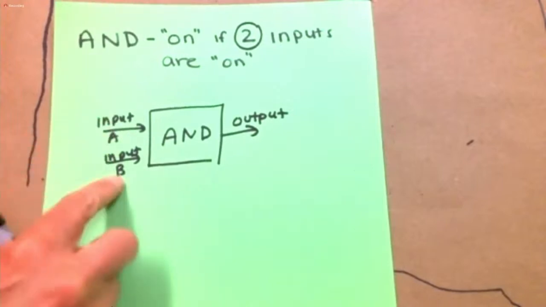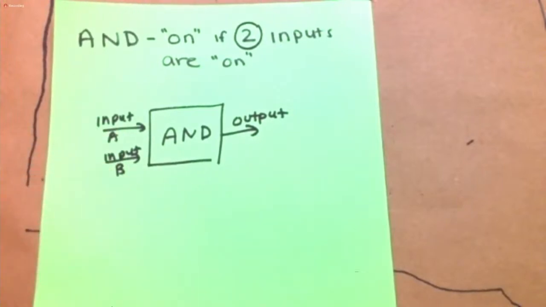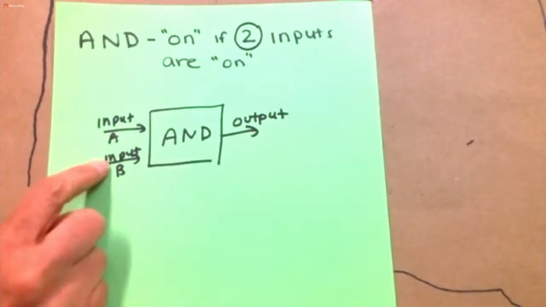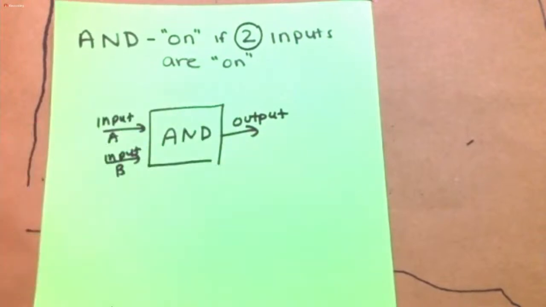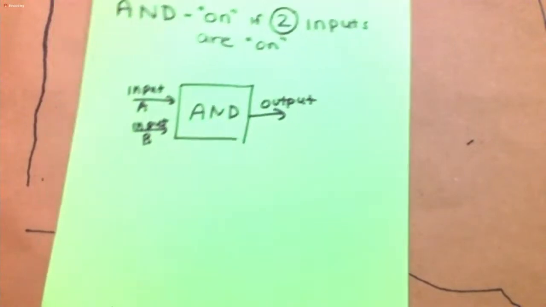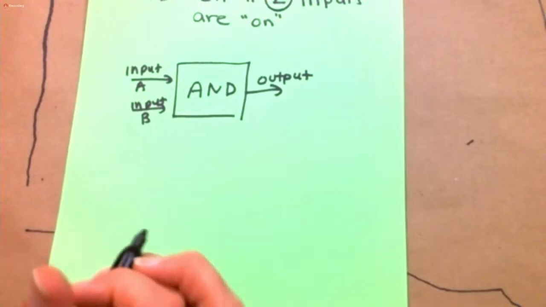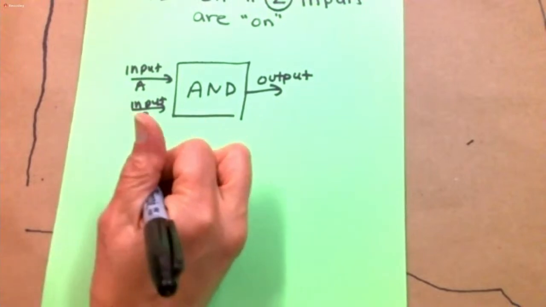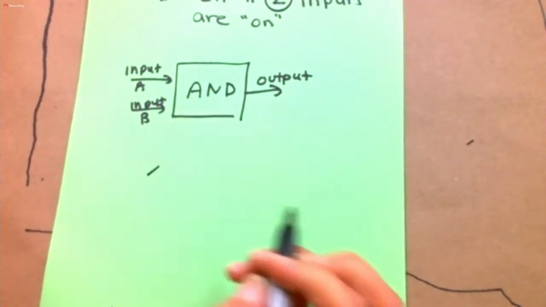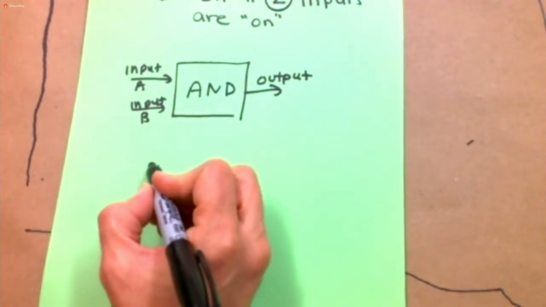So it's a little more difficult to write all the possibilities next to the two inputs and all of the outputs for those possibilities. That's really where the truth table comes into play and becomes useful. So I'm going to show you what the truth table looks like for the AND gate.